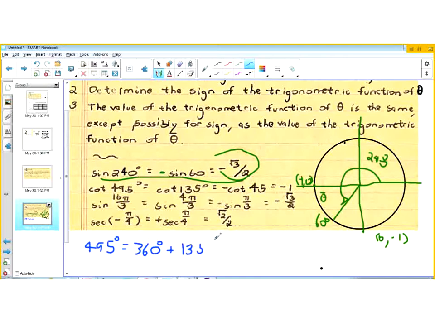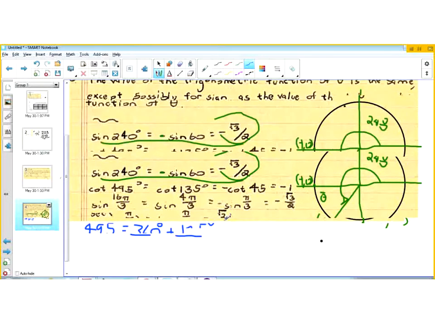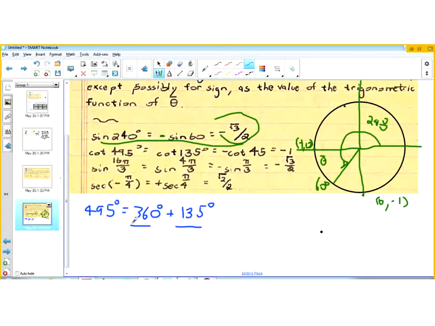So the reference angle for 495 will be the reference angle of 360 plus the reference angle of 135. We know the reference angle for 360 degrees is 0. So theta bar for 360 is equal to 0. So we need to find theta bar for 135.